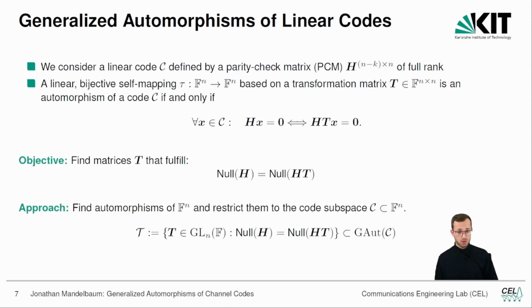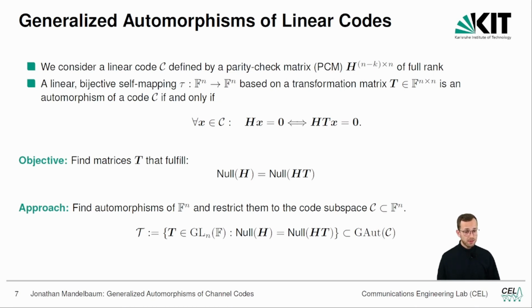Therefore, we want to find all matrices T that leave the null space of H unchanged under right multiplication, and if we are able to find all those matrices T, we are able to find the automorphism group or the generalized automorphism group of our code.